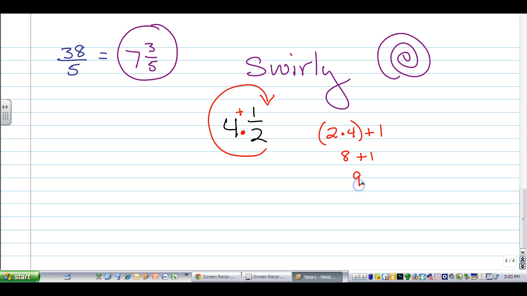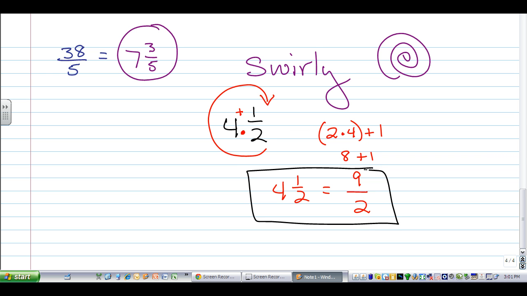We get 9. And the nice thing about the swirly, very similar to changing things to a mixed number, is that the denominator stays the same. So 4 1/2 is equal to 9 halves.